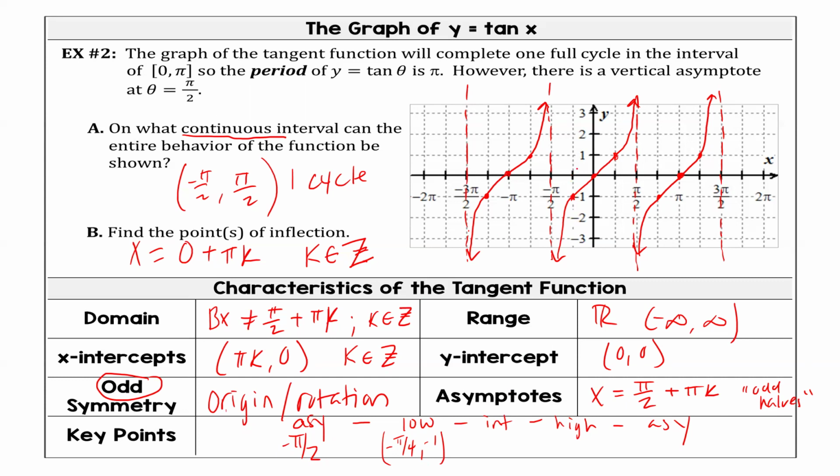Our intercept is at the origin, 0, 0. Our high point is at positive pi over 4 and 1. And our asymptote is back at positive pi over 2. So these are the points that will be shifting or transforming when we get to transformations. This is our parent function for tangent.